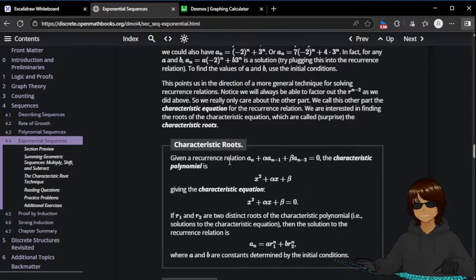Given a recurrence relation a_n is equal to alpha a_{n-1} plus beta a_{n-2}, the characteristic polynomial is x squared plus alpha x plus beta. Okay, no, wait a minute.